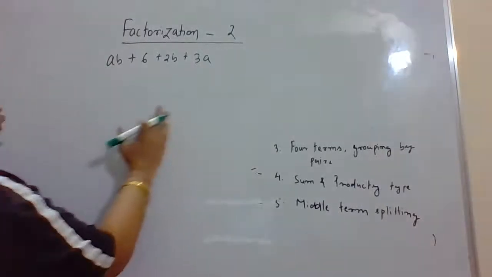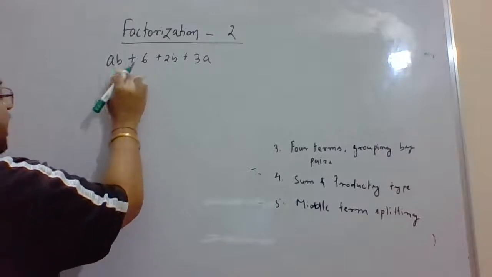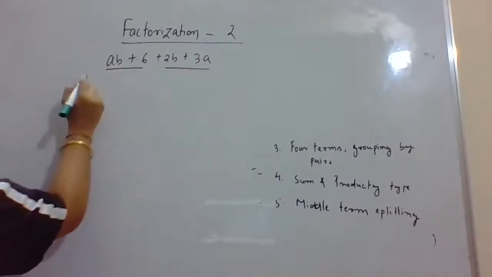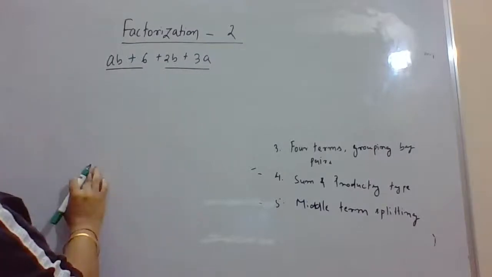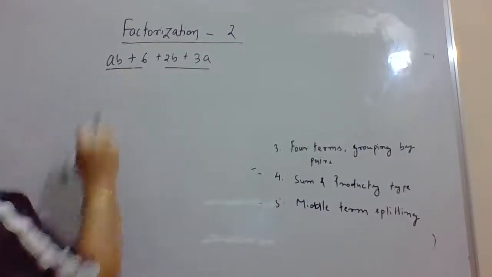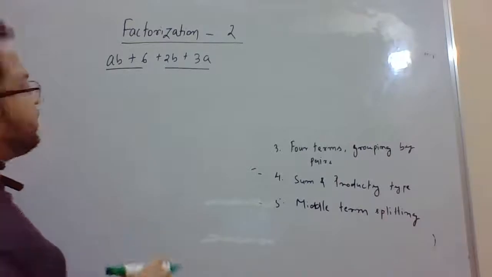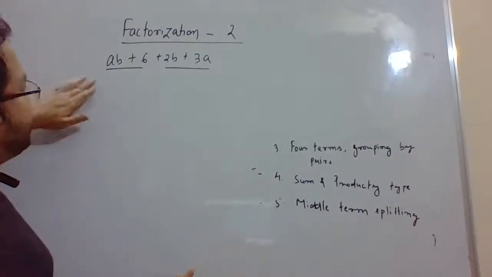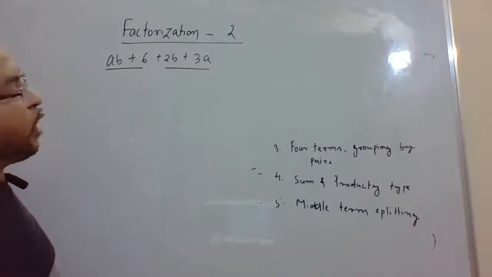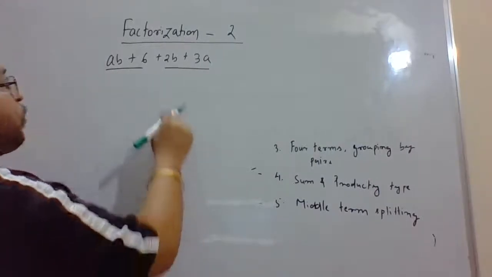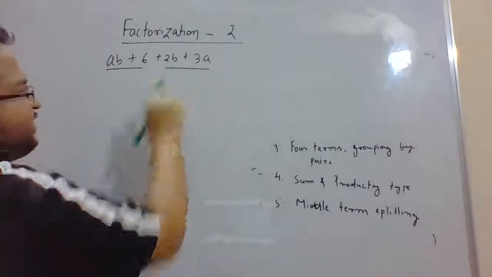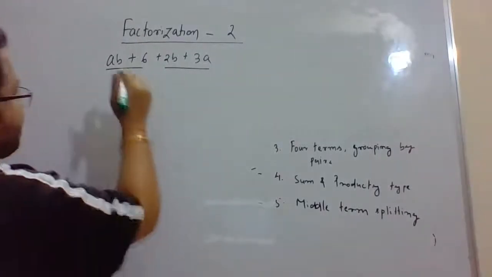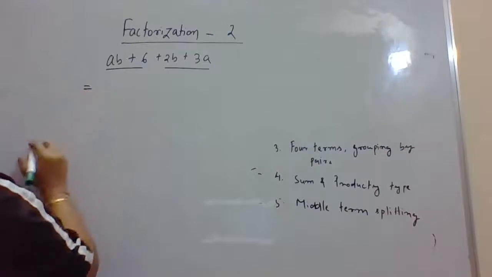So let's just follow what we saw a few minutes back. Let's group them in pairs. If I group these two as a pair, between ab and 6, what would be the common factor? In reality, between these two there is no common factor. Similarly, between 2b and 3a, there is no common factor, right? But let me just change it slightly.